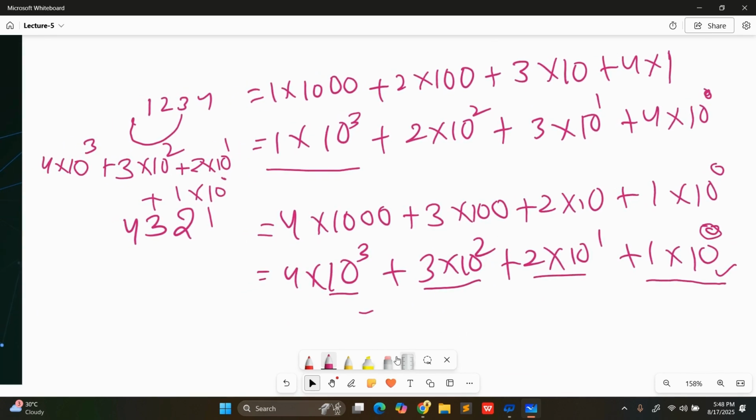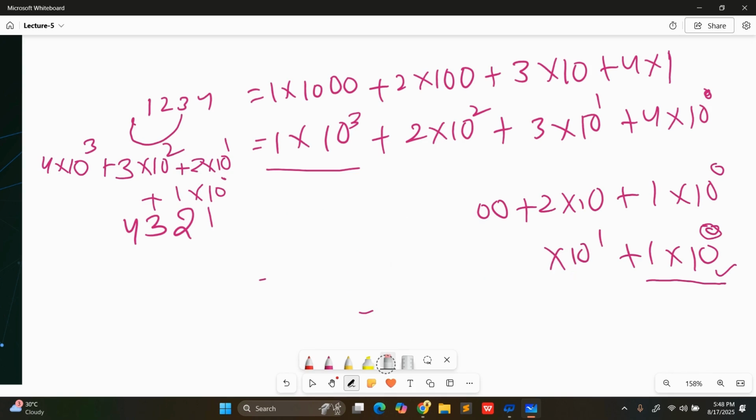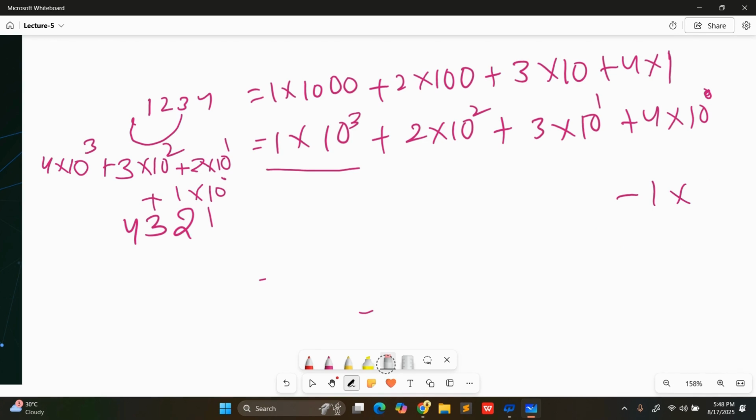How can we do this problem? There is a slight observation. Every time we multiply, let's say this is 1 2 3 4. We take 4 and multiply by 10, and after that we add the remainder, that means we add this element 3.